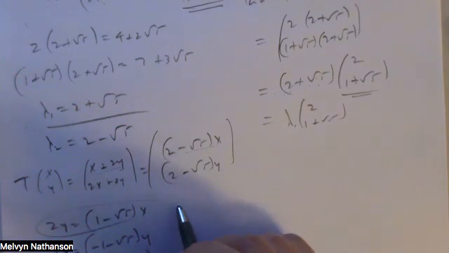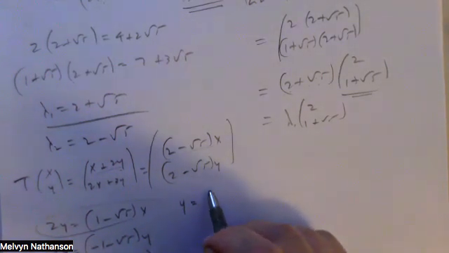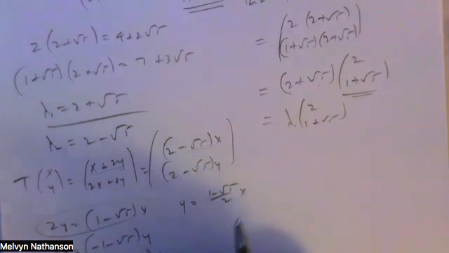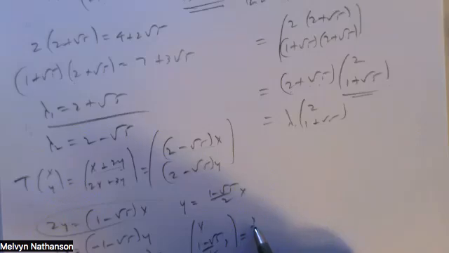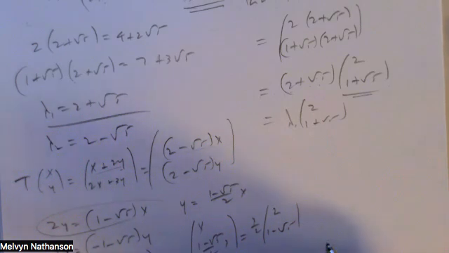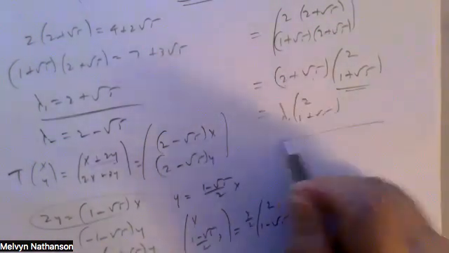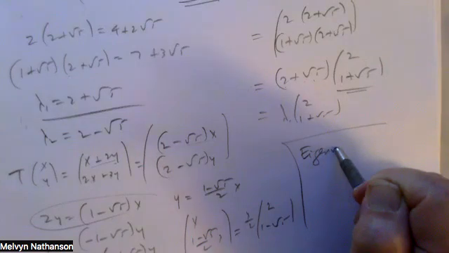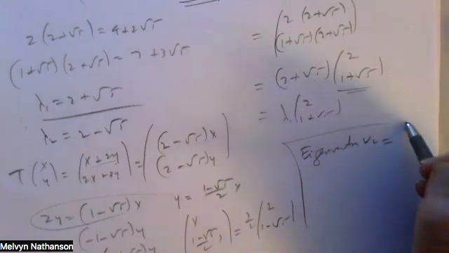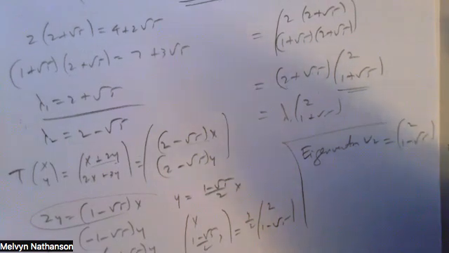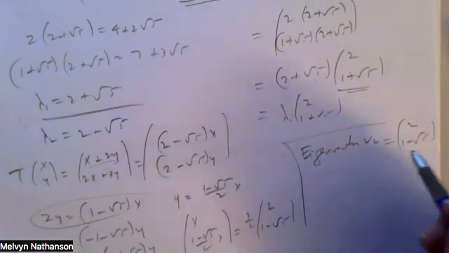So y is 1 minus root 5 over 2 times x. So solution xy is x, 1 minus root 5 over 2 times x, which is the same as the scalar x over 2 times 2, 1 minus root 5. So I believe, if this is correct, that my eigenvector v2 is 2, 1 minus root 5. I want to check, and this is correct.